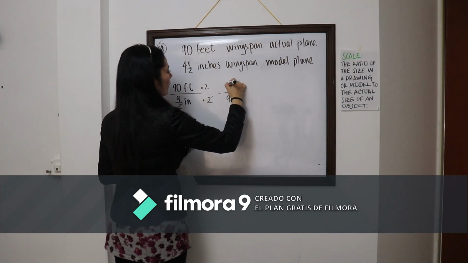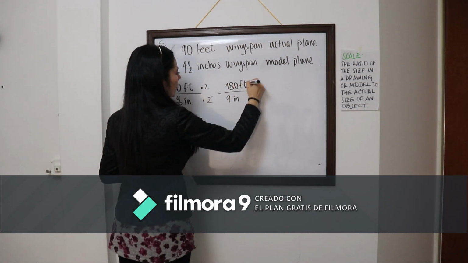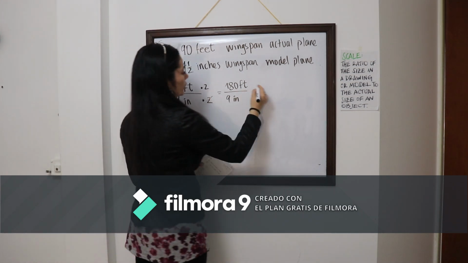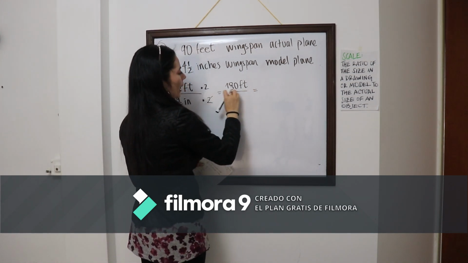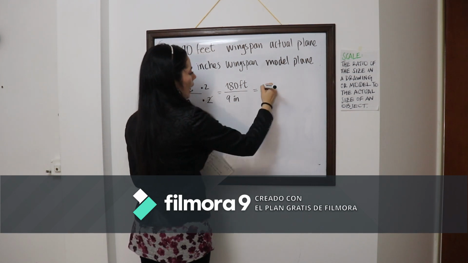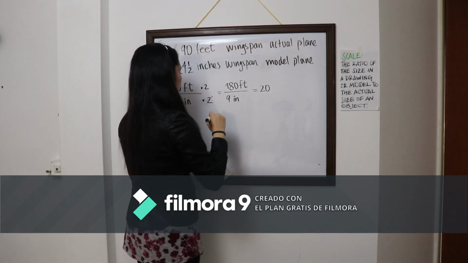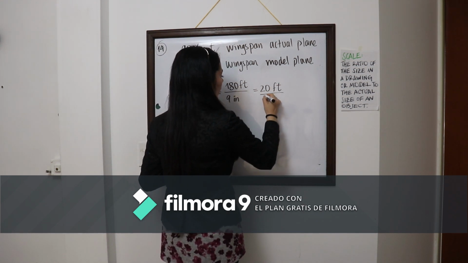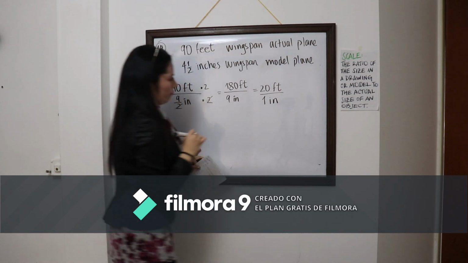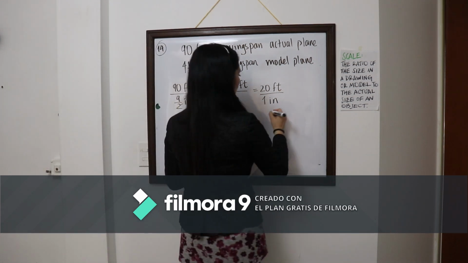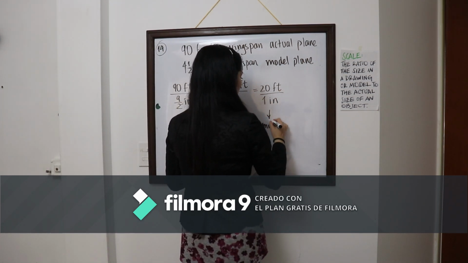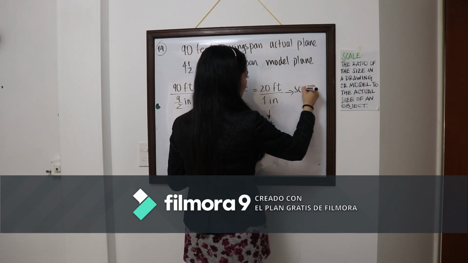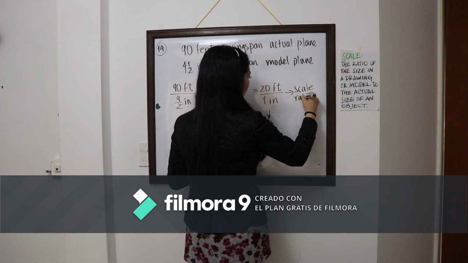And then here I'm gonna have 180 feet. Then simplifying that is way too easy because I know it's actually 20, right? If I divide 180 by 9, it's actually 20. And I know I'm gonna have 20 feet for 1 inch. This is gonna be a unit rate, right? But also at the same time, it is the scale rate for the model.